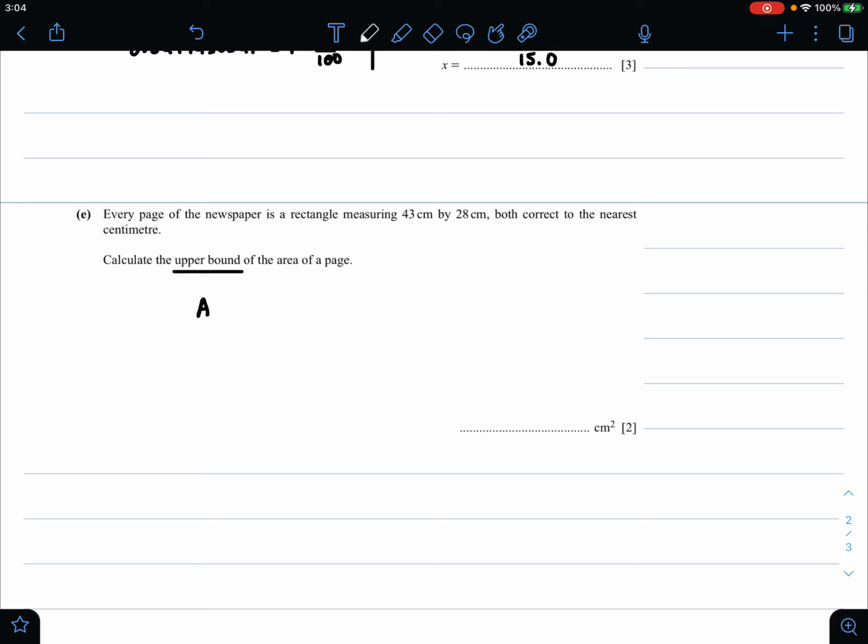formula for area of a rectangle is equal to length into breadth. Now they've given us the values of the length and breadth, that is 43 multiplied by 28, but we have to calculate the upper bound. So the easiest way to do that is to first add that 0.5 extra to each of the measurements.